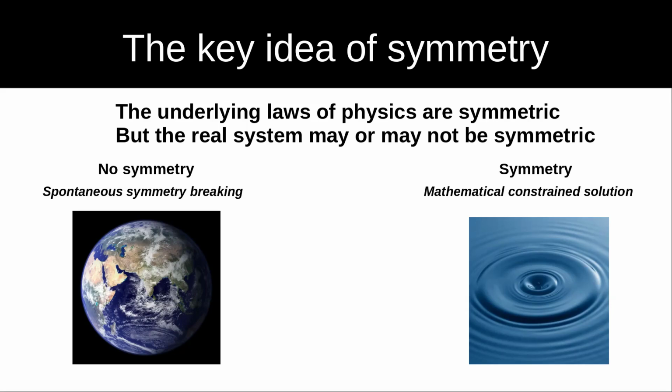This is the case of spontaneous symmetry breaking, which is also an extremely important notion in collective quantum matter. So today we are going to focus on these two cases. First, how we can use the breaking of symmetry, and the spontaneous breaking of symmetry, to learn something about materials. And second, how we can use the presence of symmetry to understand something about the solution of a complex quantum mechanical problem.